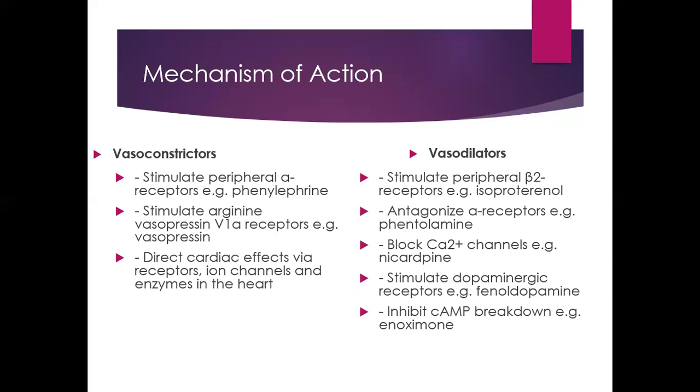We have other vasoconstrictors like vasopressin that stimulate the V1 receptors, and those with a direct cardiac effect via receptors, ion channels, and enzymes in the heart, like levosimendan, which increases the affinity of troponin C on cardiac fibers.